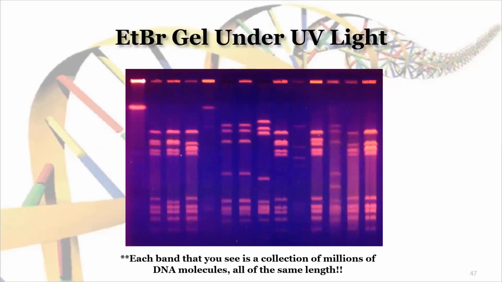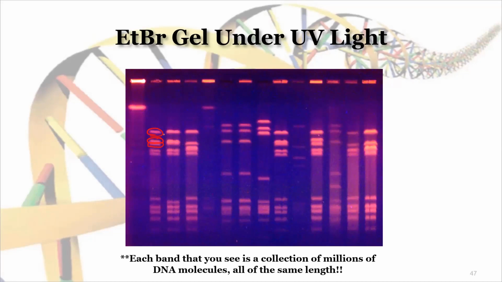This is the picture of a real gel. This is a gel which is observed against a UV light, right? So from below, UV light is coming. From above, we can see this, and it makes it possible to visualize these positions of the DNA where the DNA is settled, and we call these DNA bands.